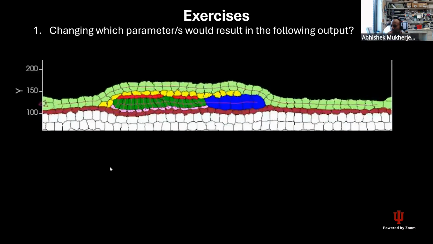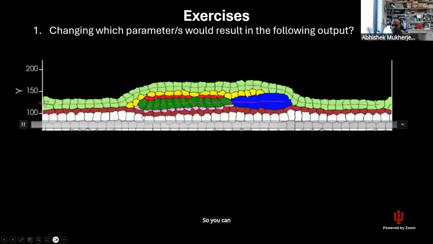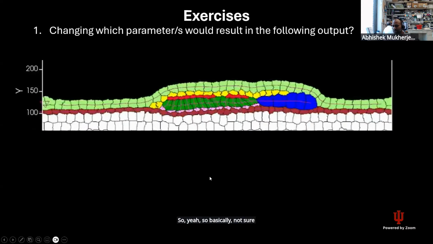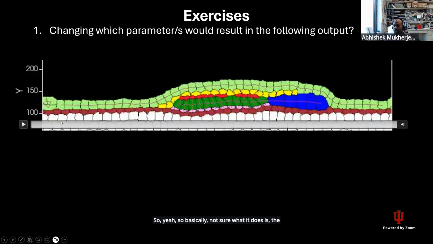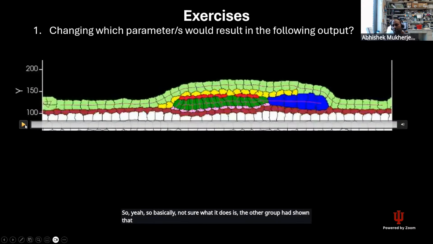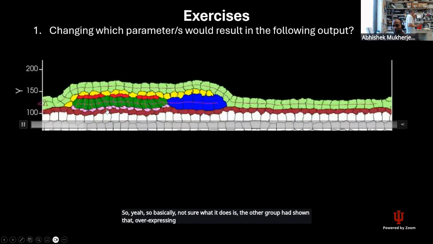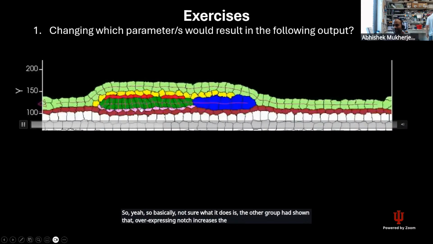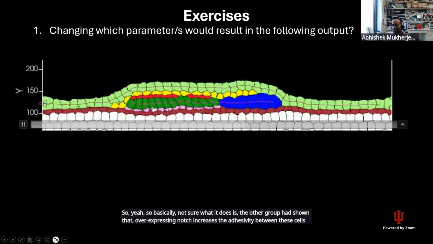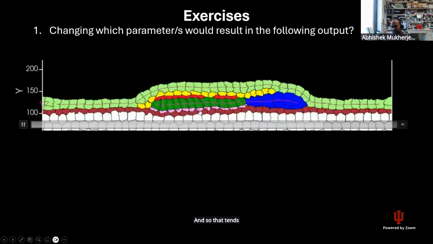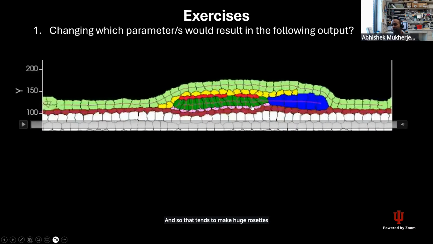So basically, the other group had shown that overexpressing notch increases the adhesivity between these cells, and so that tends to make huge rosettes and fewer rosettes.